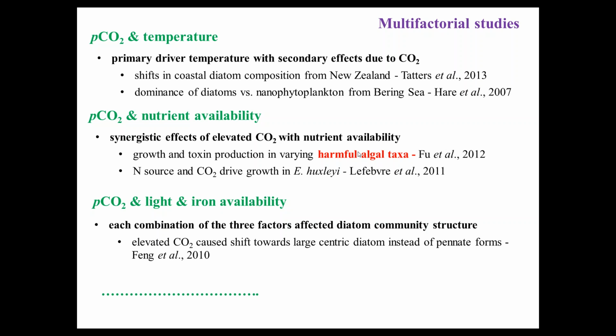Marked in red, there is a very nice review from Fu and Hutchins' group where they show that several of these isolates for toxic algae, when they grow them under increased CO2 combined with some sort of nutrient limitation, the toxicity actually increases for these specific strains.